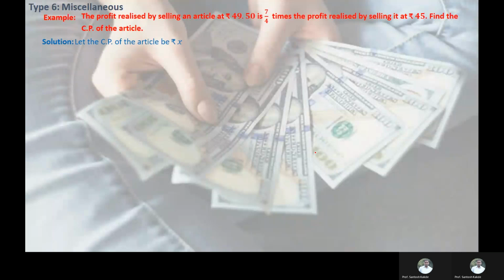So let us consider the solution. Let the cost price of the article be x rupees. Therefore, profit when it is sold at rupees 45 is 45 minus x. Profit when it is sold at 49.50 is 49.50 minus x.